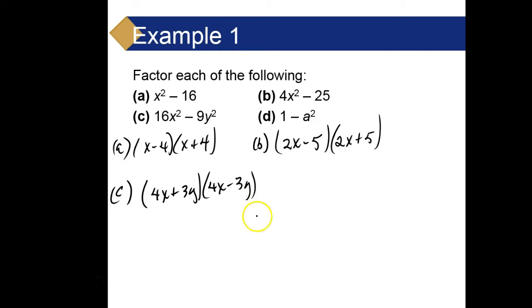Okay, how about D? Can that be done? 1, say again, plus A times 1 minus A. And guess what? If you're ever in doubt, multiply it out with the other and see if you get that solution.